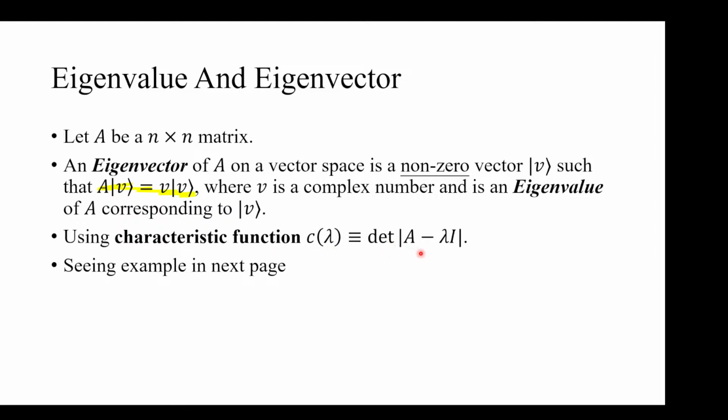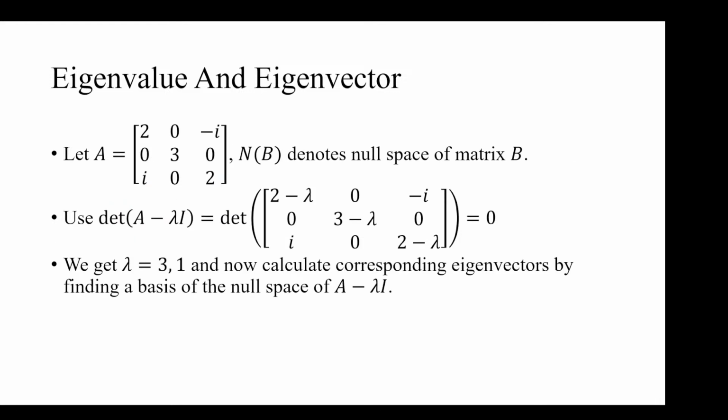So you can find c(lambda) equal to the determinant of A minus lambda I. It's called the characteristic function, or characteristic polynomial, and the eigenvalues of A are the roots of the characteristic polynomial.